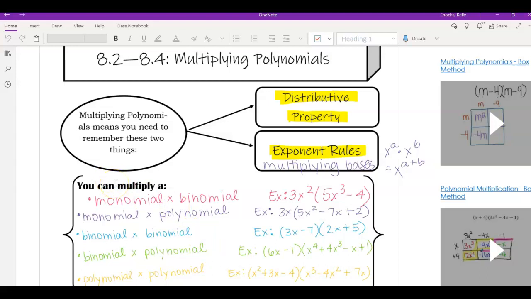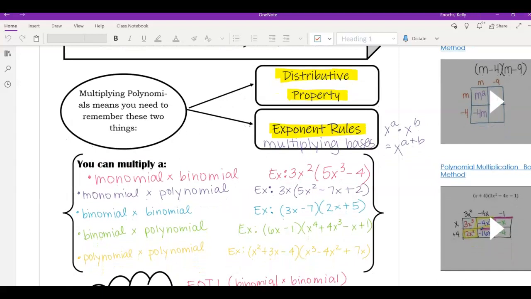So what are our different kinds of sets? Well, we can have a monomial times a binomial, a binomial times a polynomial, or a polynomial times a polynomial. And for all of those, you're basically just going to go through and do distributive property a whole bunch of times for each of those things.